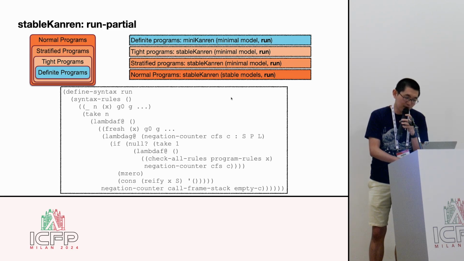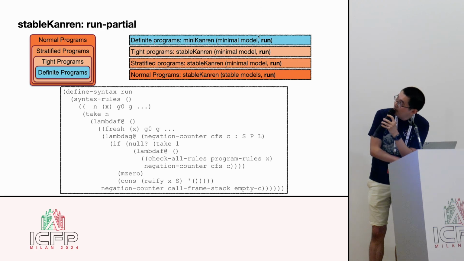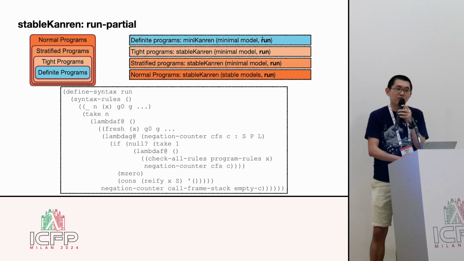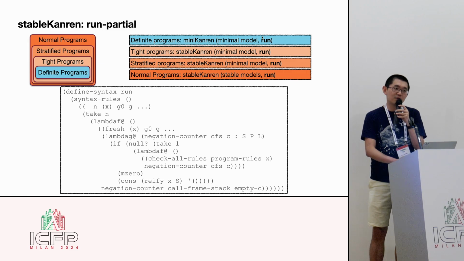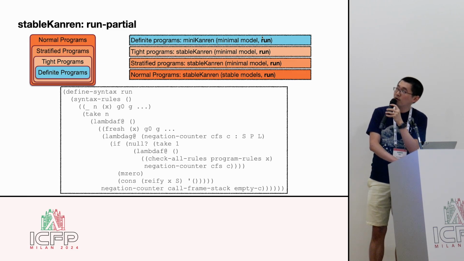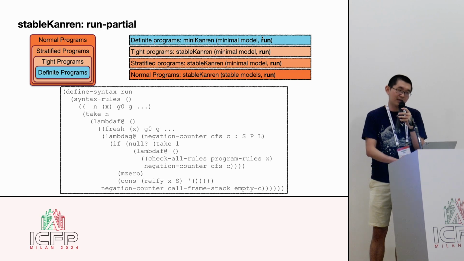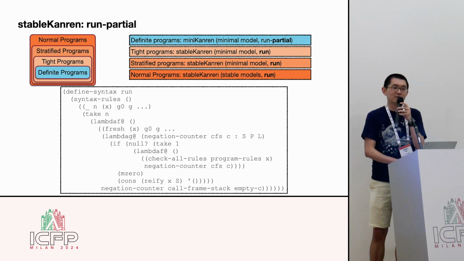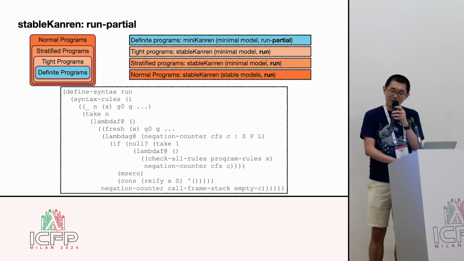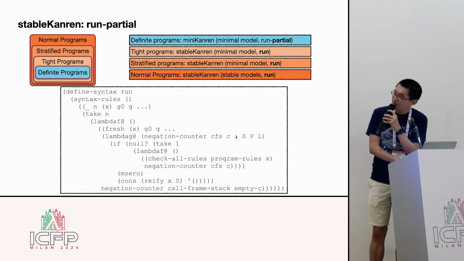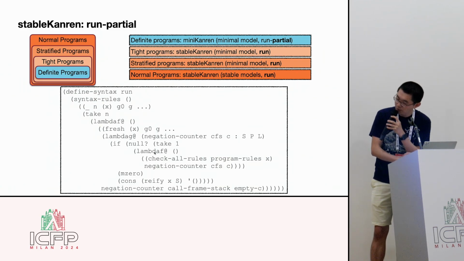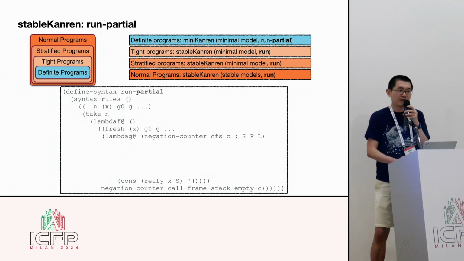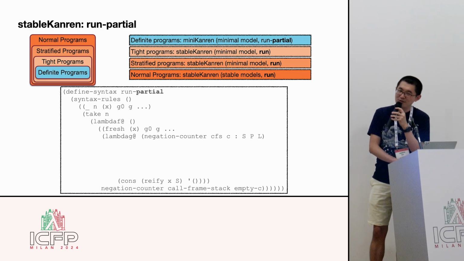For a definite program, we definitely don't need to run the checking, right? So if there's an unsatisfiable program there, it runs the checking and it fails. So it's simple. We just turn this run into run partial. Run partial is, okay, we just recover the run partial from the previous miniKanren, where we remove all this checking. Now this is run partial. And now the second problem is solved.